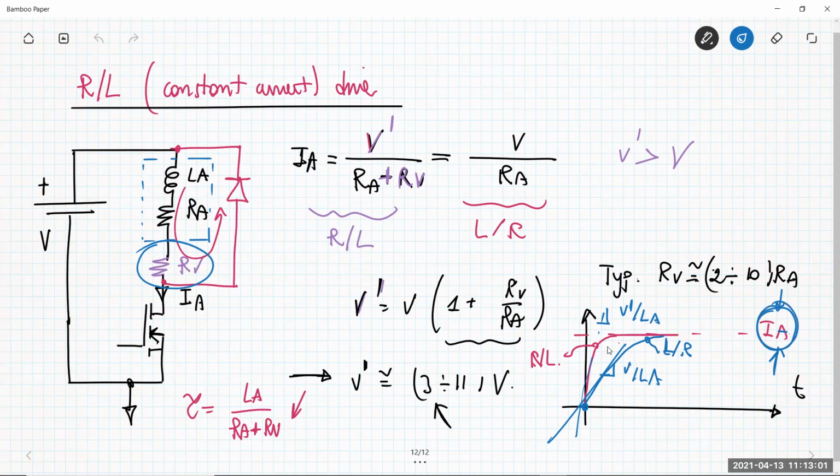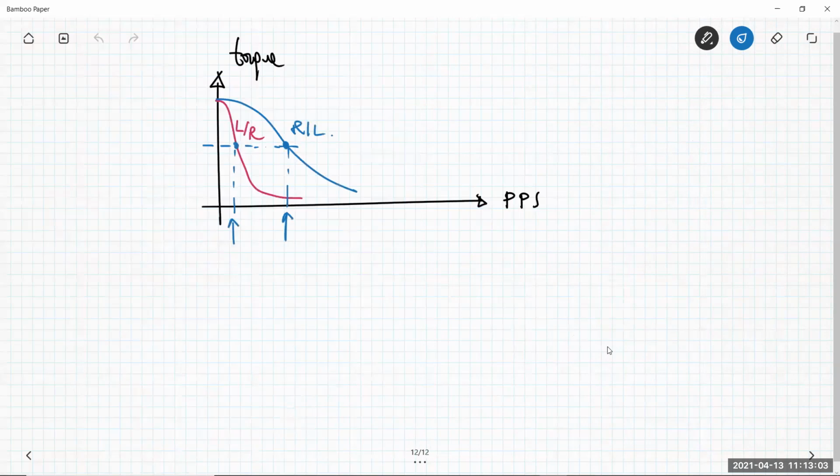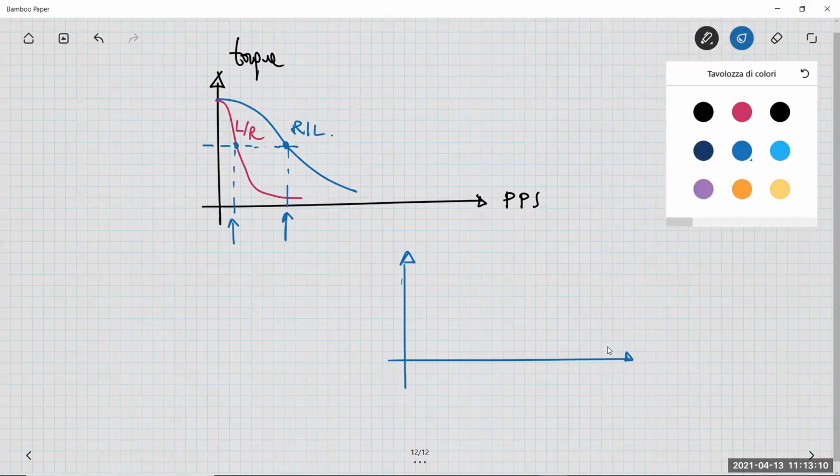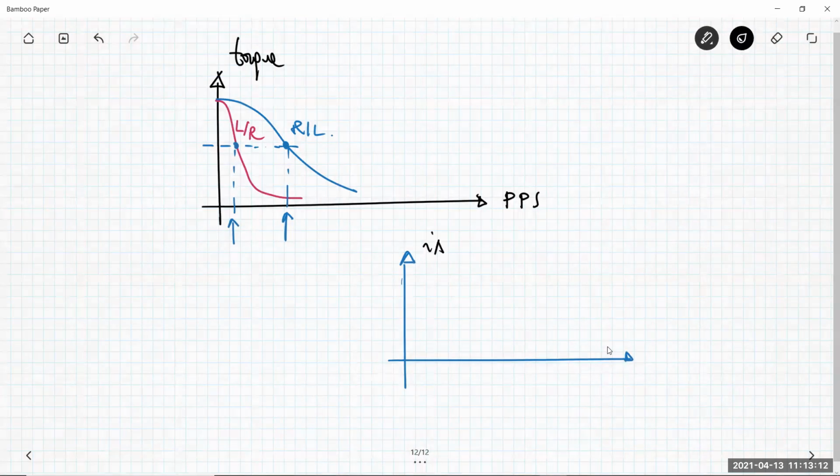Why can't I suppose this: this is the current IA, and this is time. Suppose that I choose a very large voltage V, applied to the circuit in order to have the fastest response at the turn on.